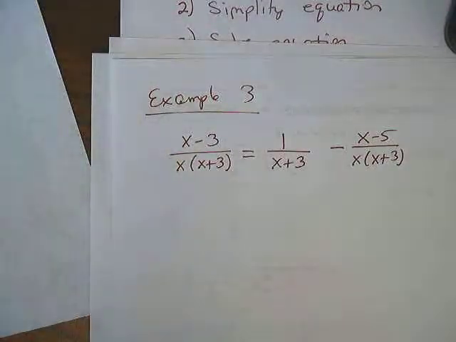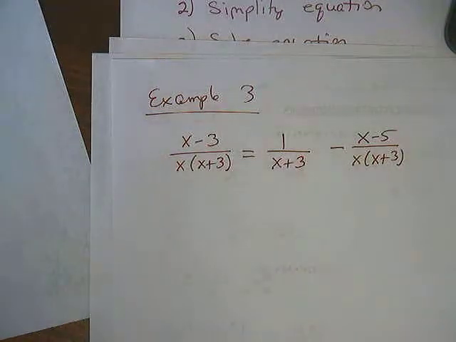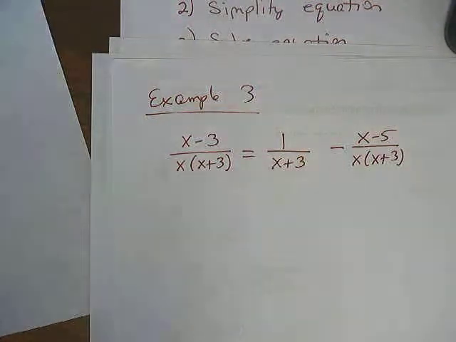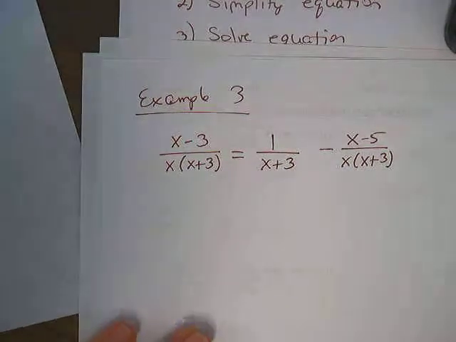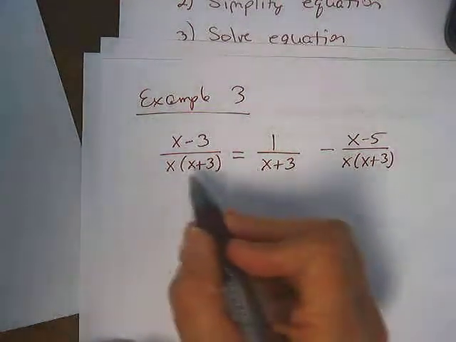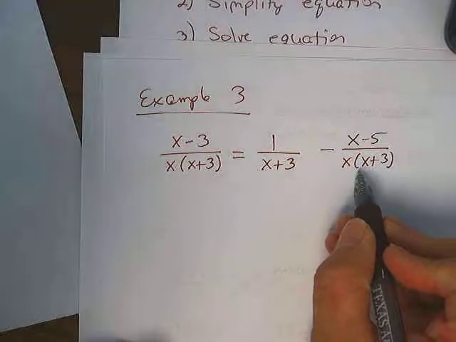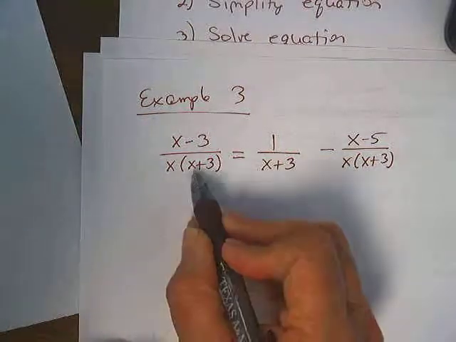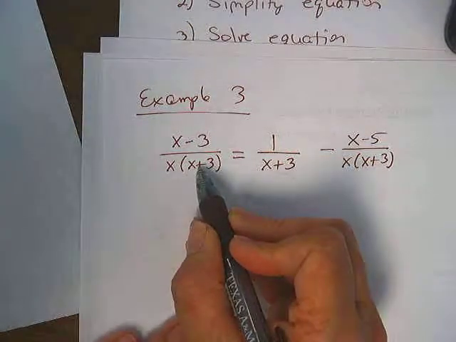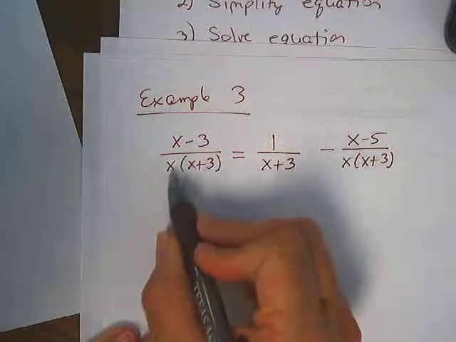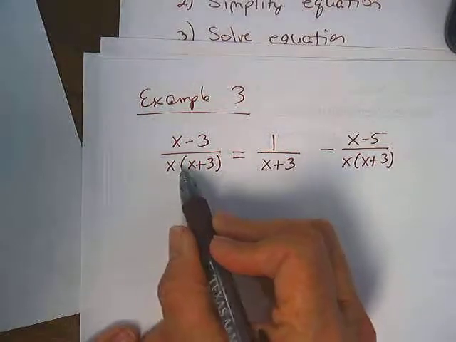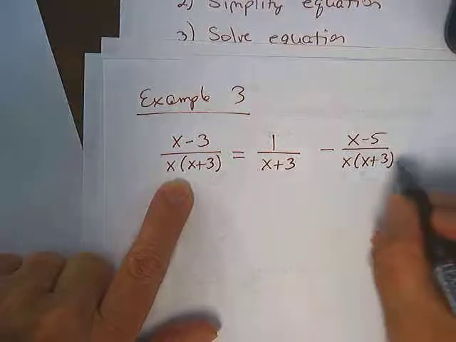Okay. So, first thing we need to do is identify our restricted values. So I need to look at my denominators, and I have 3 denominators, but these are the same, and this one's actually included here. And I need to set each part of the denominator equal to 0. So if I set this one, I would have to say x equals 0. Oops, I went off the screen, didn't I?